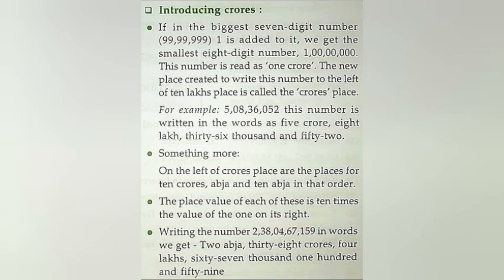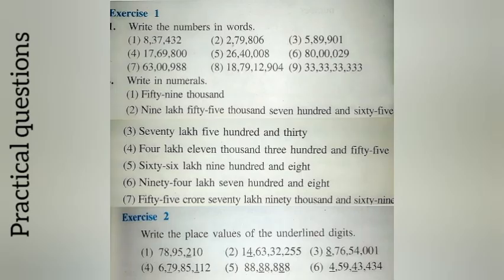Now here I have given examples. Write the number in words. There are a few questions. Convert the numbers into words. Second, write the numerals. There are questions given in words. You have to convert them into numerals. Exercise 2, write the place value of the underlined digits.